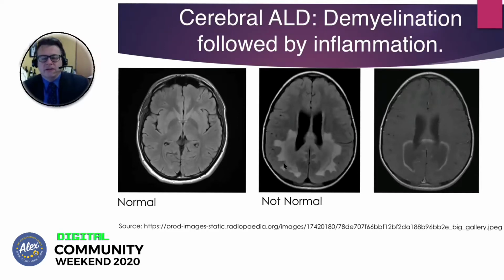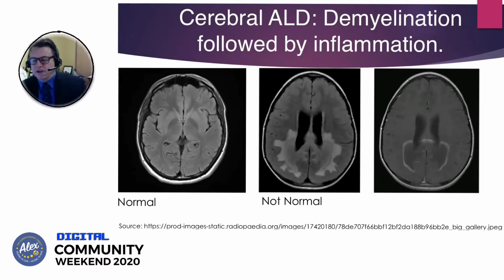We call these T2 signal enhancement or T2 demyelination signals, as opposed to the normal part of the brain, which is up here at the top. And then on the far right, what you see are T1 images after gadolinium contrast administration.